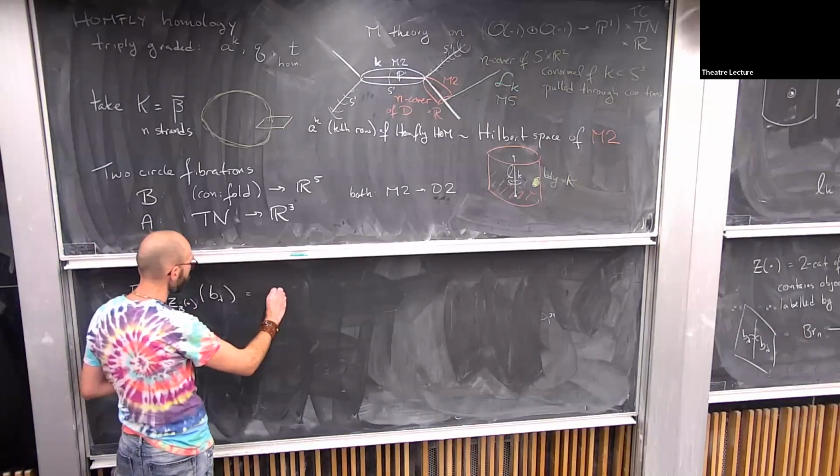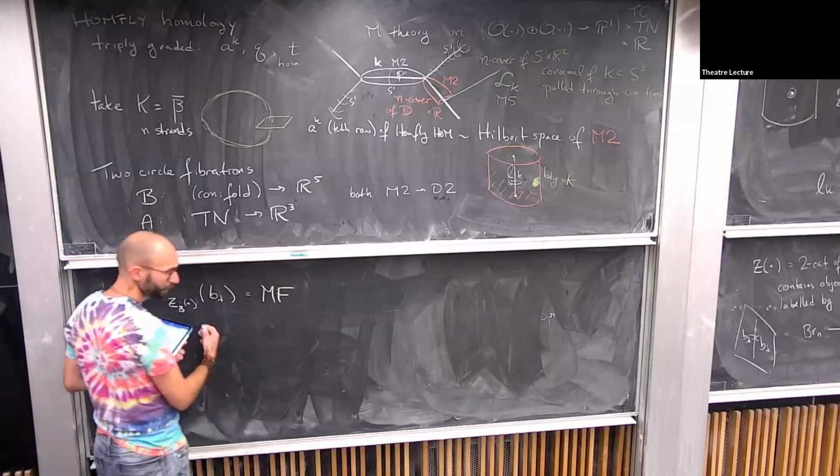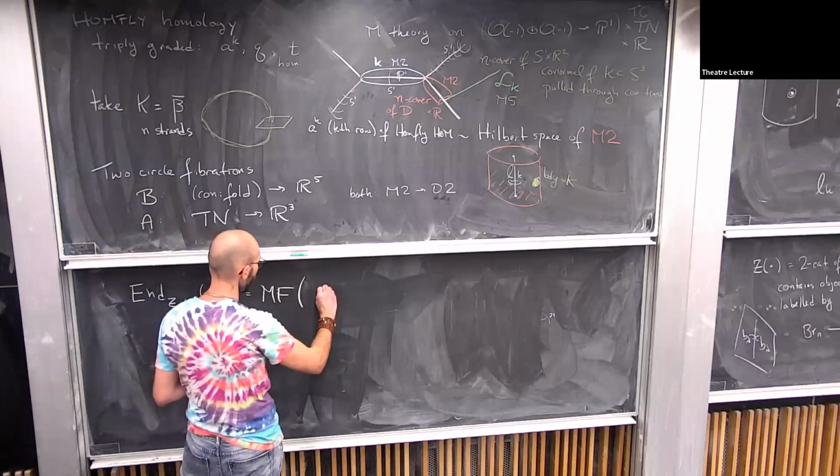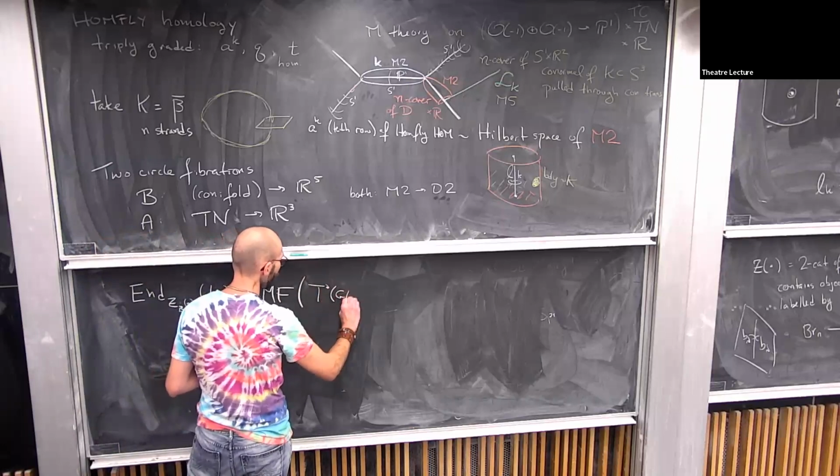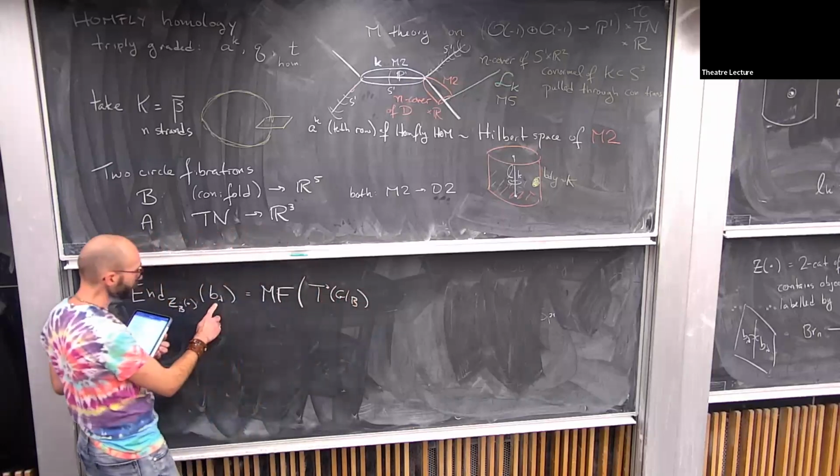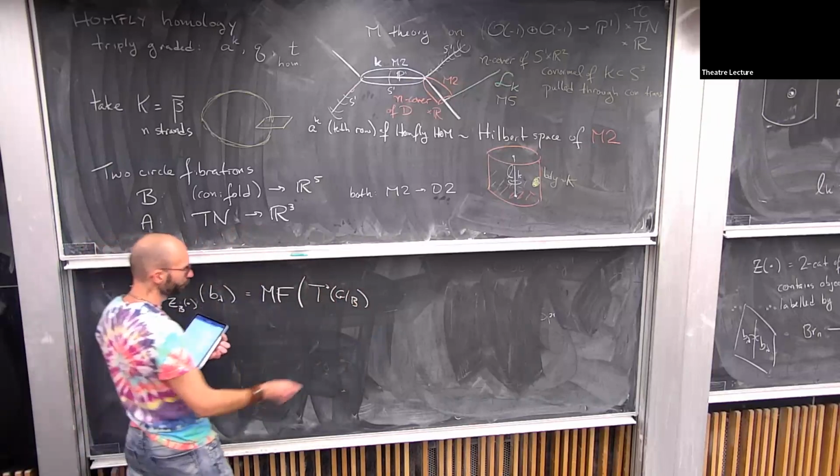And endomorphisms of this in the KRS two category, like matrix factorizations on two copies of T star flag because we have two of these, one on each side of an interface.